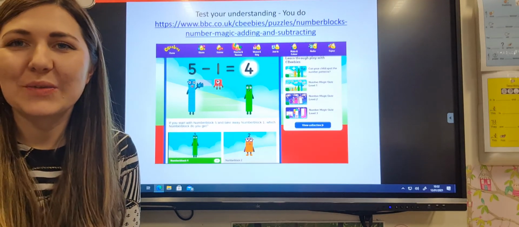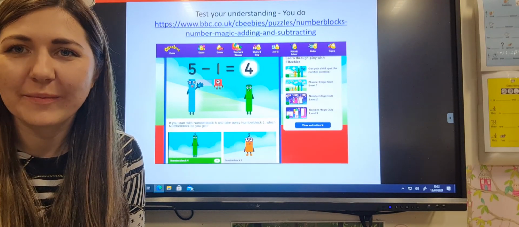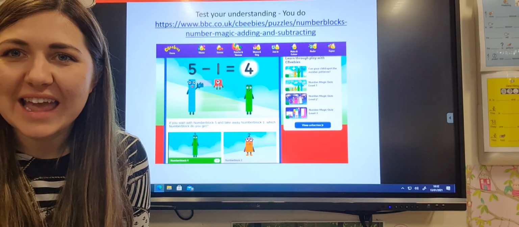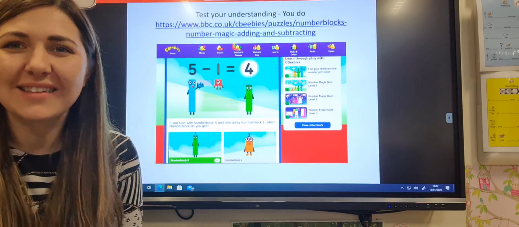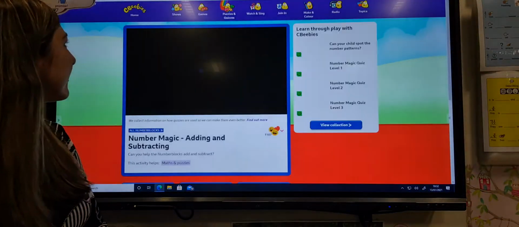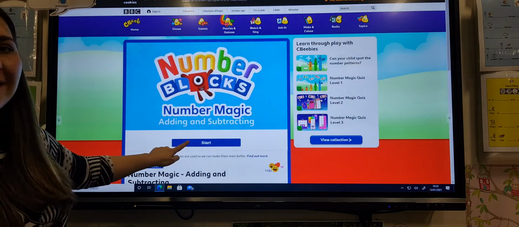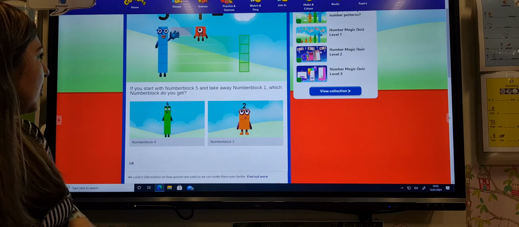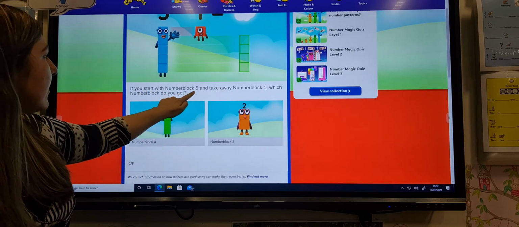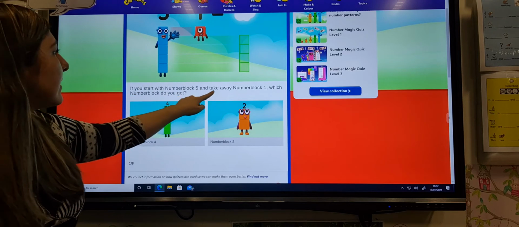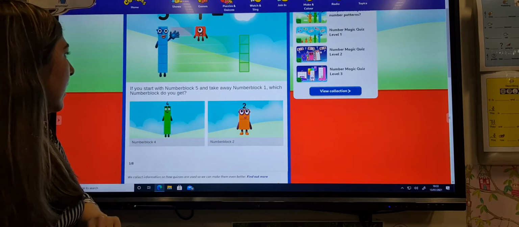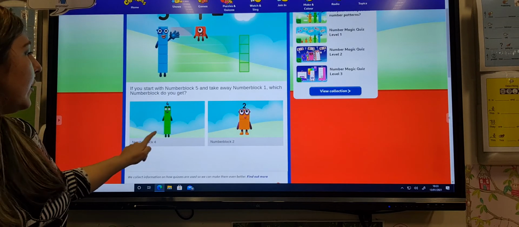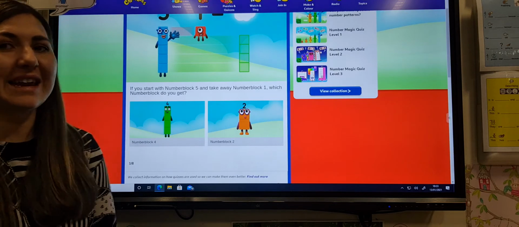Finally, I would like you to test your understanding. You can go onto the CBeebies website and play a game with the number blocks. If you start with number block 5 and take away number block 1, which number block do you get? 4 or 3?